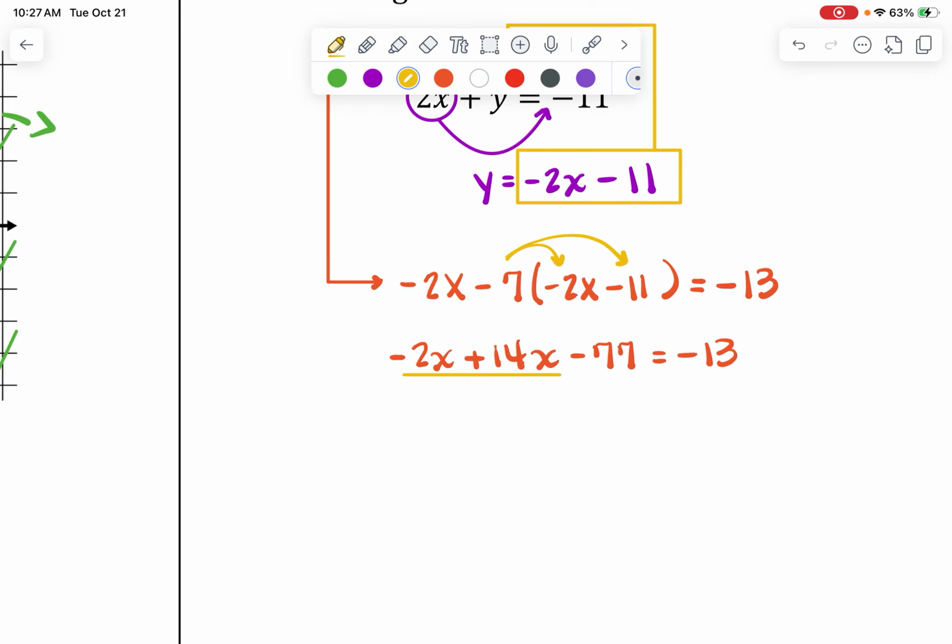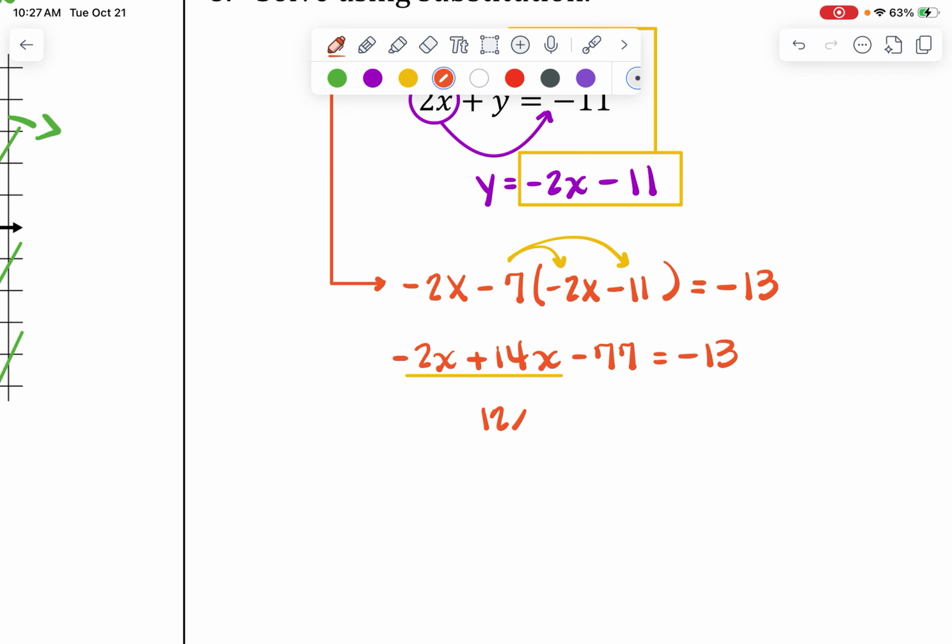The x's are on the same side, so -2x's and 14x's gives us 12x's. And now we need to solve our basic two-step algebra equation. So we need to move the negative 77 to the other side by adding. So that's going to give us 12x equals 64.